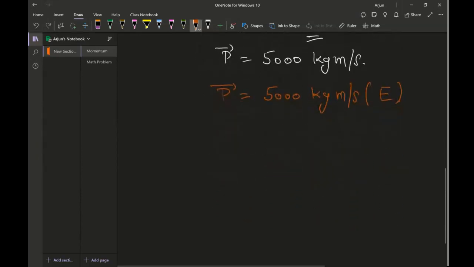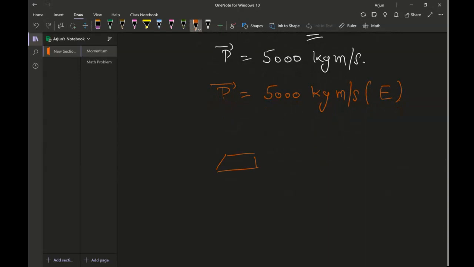Now, if the same car is moving in the west direction, how am I going to solve this question? I'll encourage you to pause the video, try to solve it yourself, and then match the answer. So mass is 1000 kgs and velocity is 5 meters per second, and this is in the west direction.